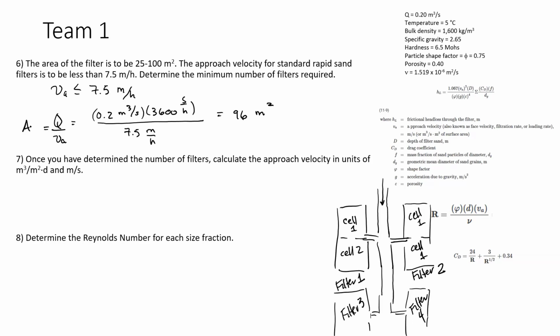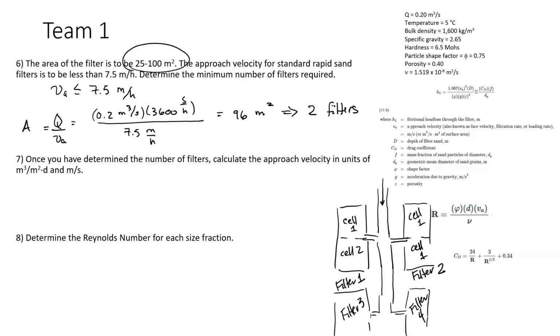So how many filters do we need? It has to be within 25 to 100 square meters. Exactly, 2 at least. The reason we need 2, one is the hydraulics, but the other thing is we need to be able to meet the demand and treat at the maximum daily flow rate with 1 filter out of service for backwashing.